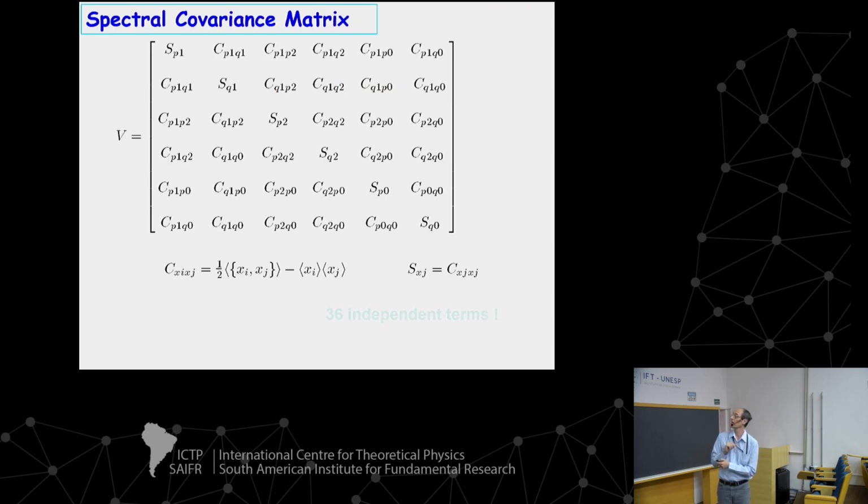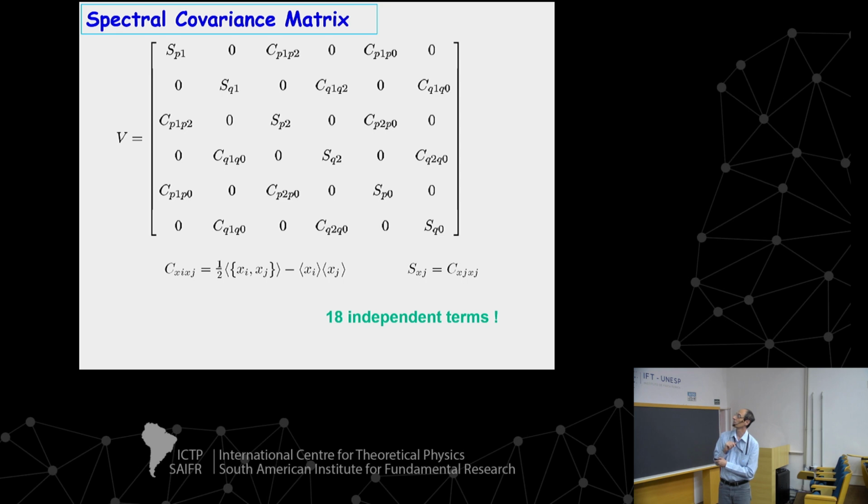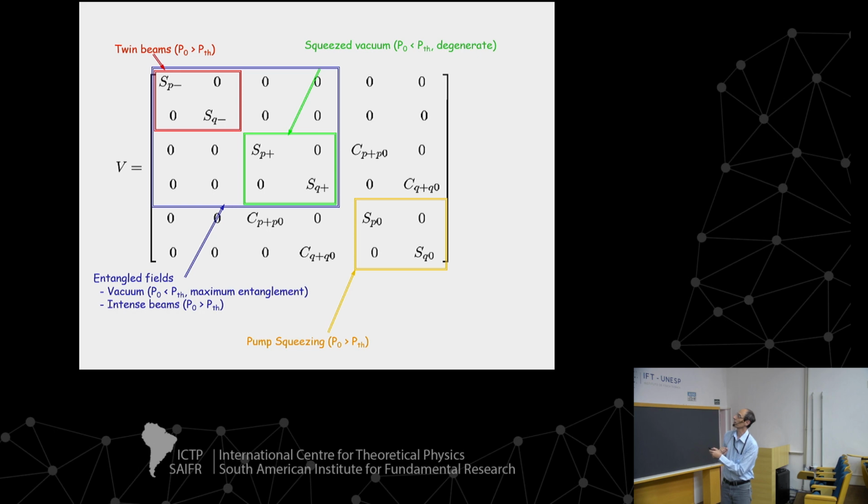Let's move on. So we have 3 modes involved. You can discard those correlations between phase if you lock your OPO correctly, if you stabilize it. And now, looking at the correlations, if you go to the sum and subtraction, what you have here is a nice map where you can see twin beams above threshold, squeezed vacuum below threshold.